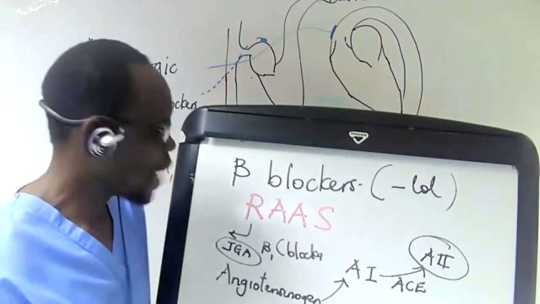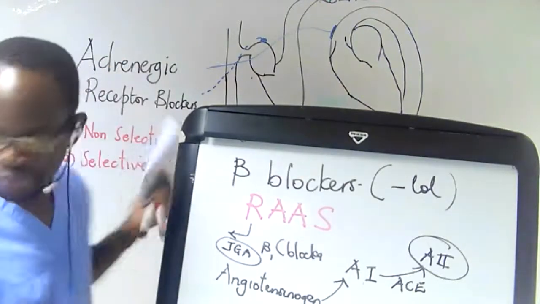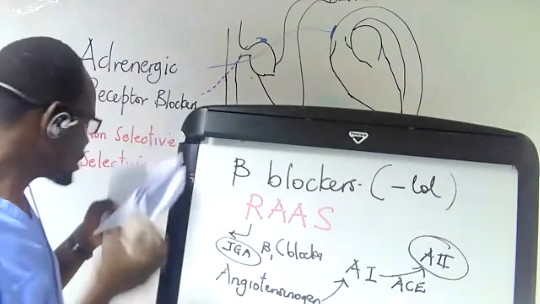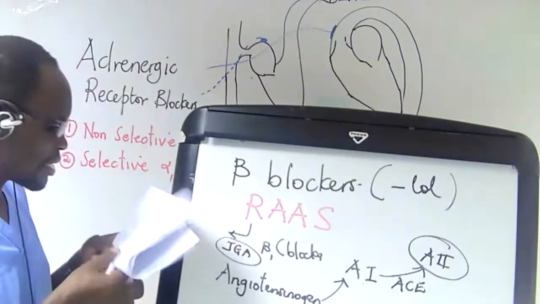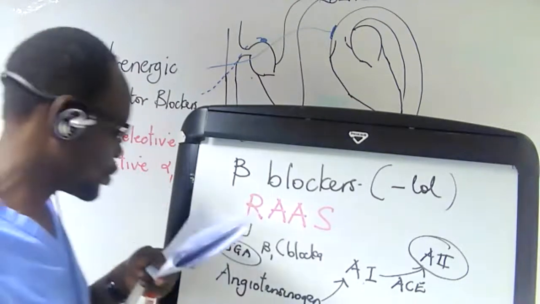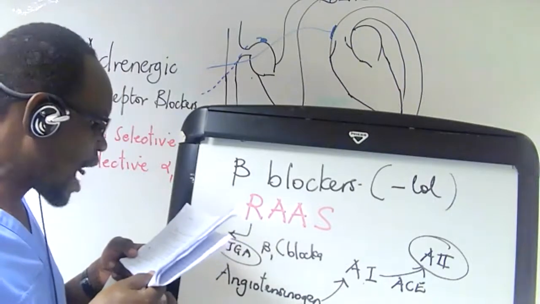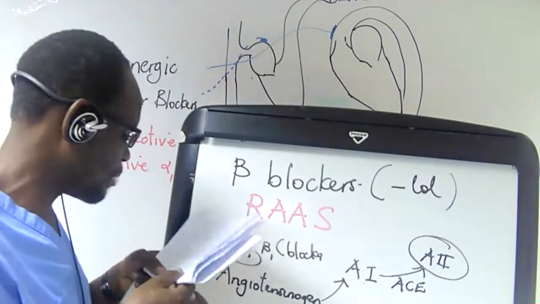So again, we shall have a reduction in blood pressure. Basically, that is what alpha blockers and beta blockers do. And so we also have what we call mixed blockers.